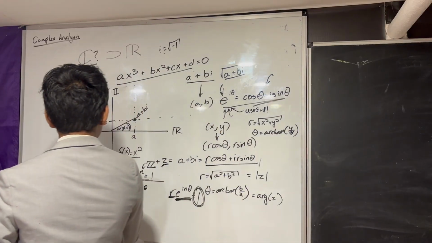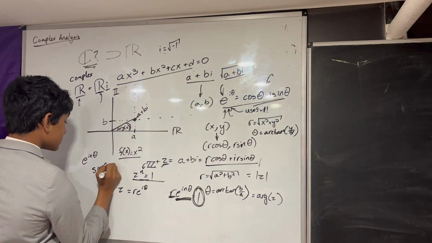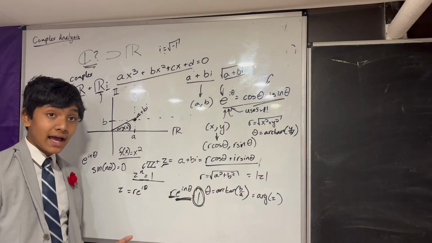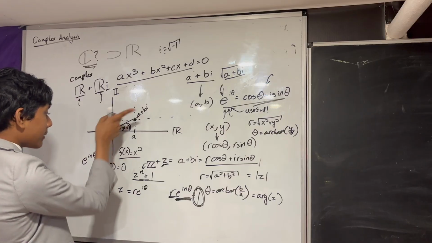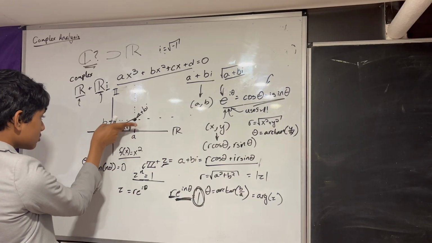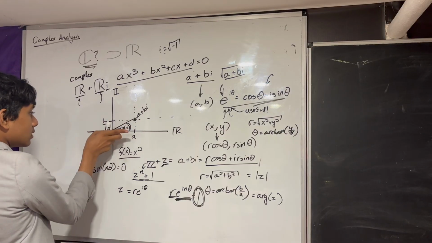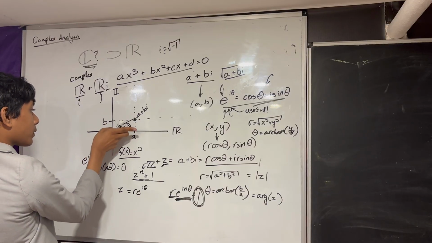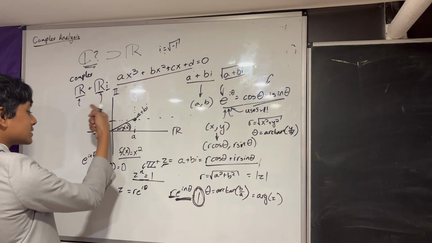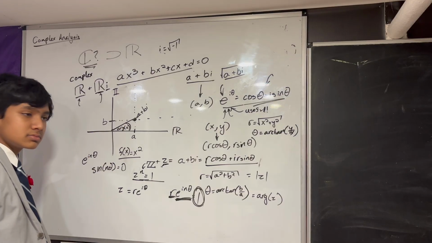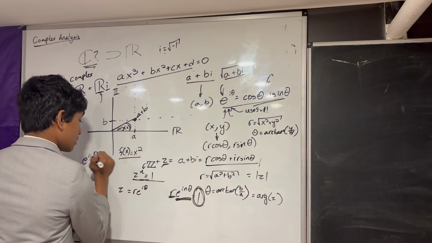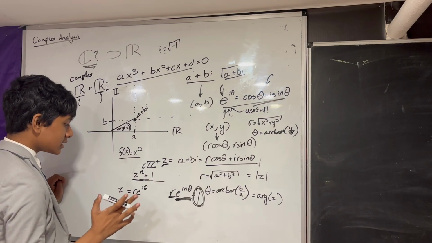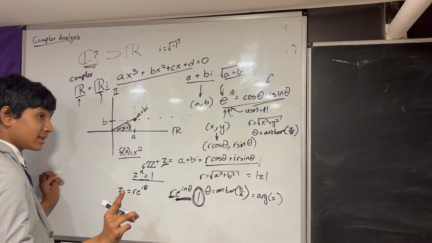Well, when sine of n theta is equal to 0. When does that happen? Well, it happens at 0, pi, 2 pi, 3 pi, 4 pi, 5 pi, 6 pi, 7 pi, and so on. You might not expect it, but every single solution to this equation is, oh, wait a second.